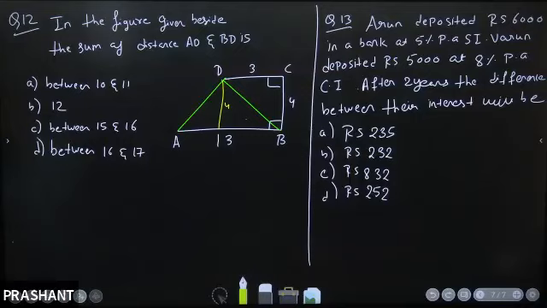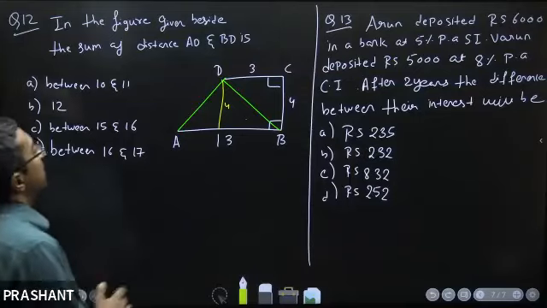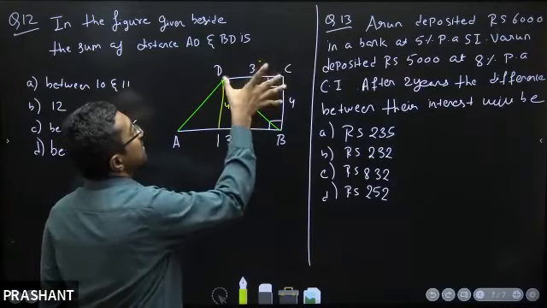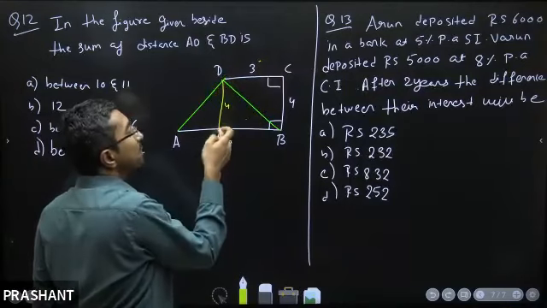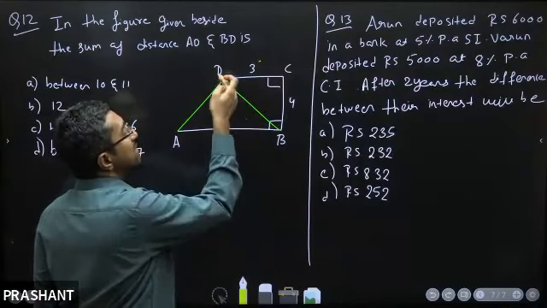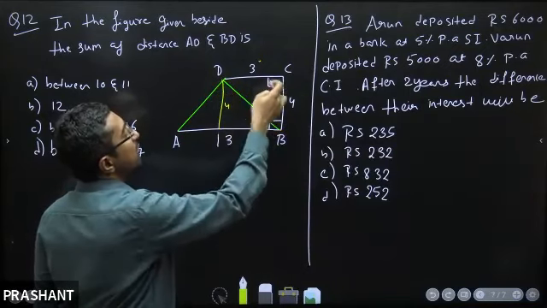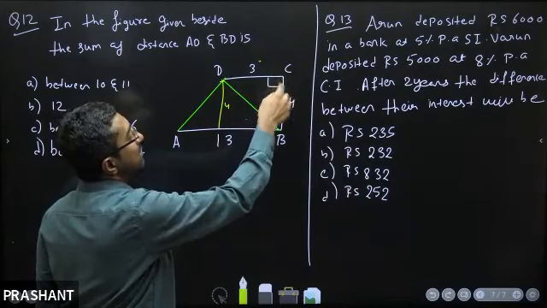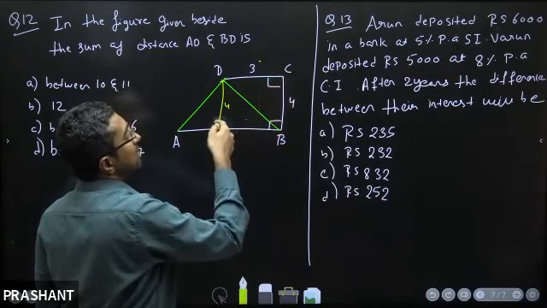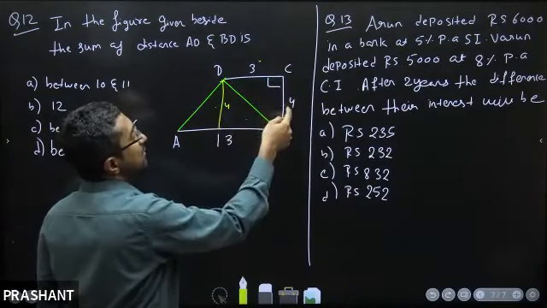What? बोलो क्या हुआ? See, this is 3, this whole is 3, and we have drawn a perpendicular from here. Basically, we have dropped a perpendicular from here. So definitely now, if this is perpendicular, this is perpendicular, this is 4, this is 4.